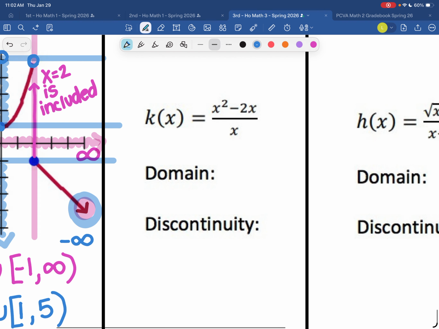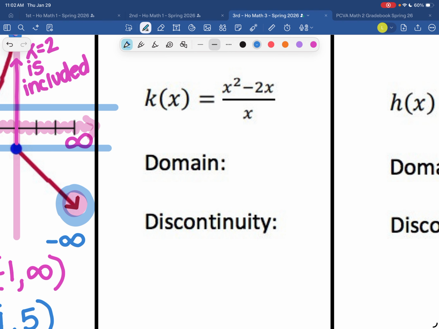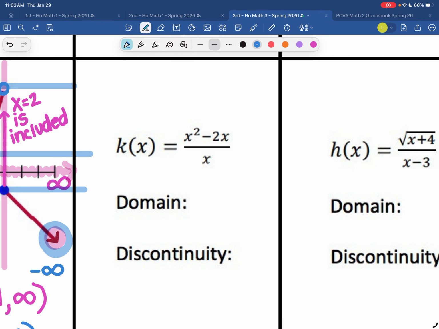All right, so let's go back to our domain and discontinuity. One of the things that you're going to look at when you do domain, there are actually a couple of rules that you can look at in an equation. One, in the denominator. If I have a fraction and I have a denominator, you can never have a fraction that has a denominator equal to 0.